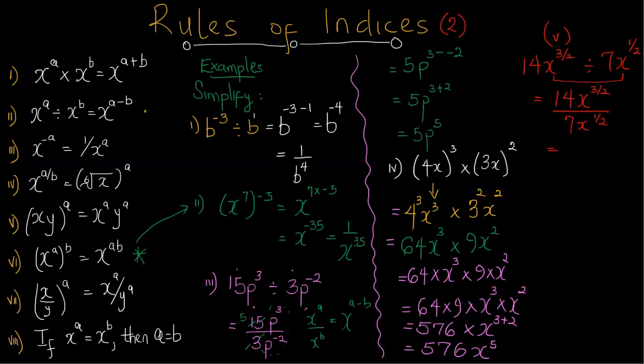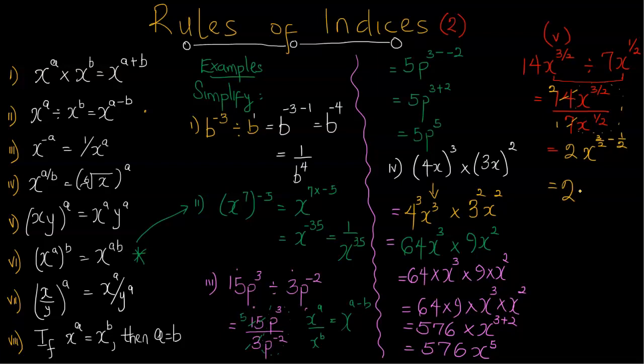Now I know that 7 can reduce 14, so 7 in 7 is 1, 7 in 14 is 2. And since the bases are the same here, in x raised to the power of 3 over 2 and x raised to the power of 1 half, and I've got the division, I can rely on law 2. So I've got a 2 here, so this is 2x raised to the power of 3 over 2, the division changes to a negative sign, then I've got 1 half.